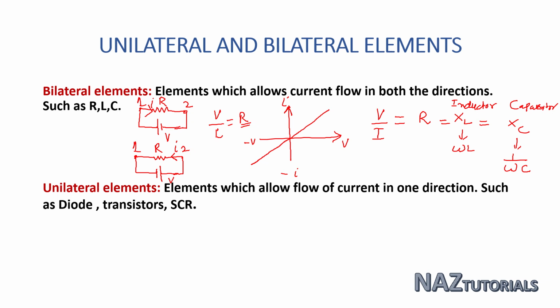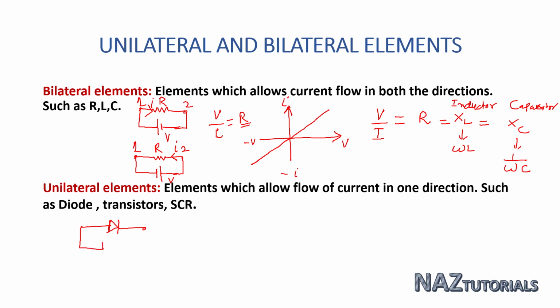Now come to the unilateral elements, which allow flow of current in one direction, such as diode, transistor and SCR. A simple PN junction diode will be like this.